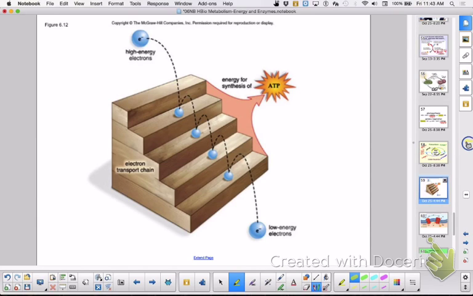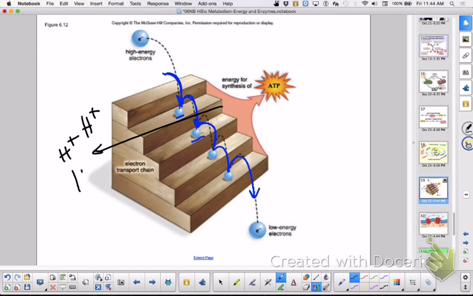You pass these electrons along this electron transport chain, and molecules in there, coenzymes, get excited and can move hydrogens to one side of that membrane. When we let them come back through, we can then make ATP. Here's your electron transport chain: this level gets reduced and this level gets oxidized, redox, redox, redox, and as these electrons get passed along, we can use that energy to concentrate hydrogen ions to one side.